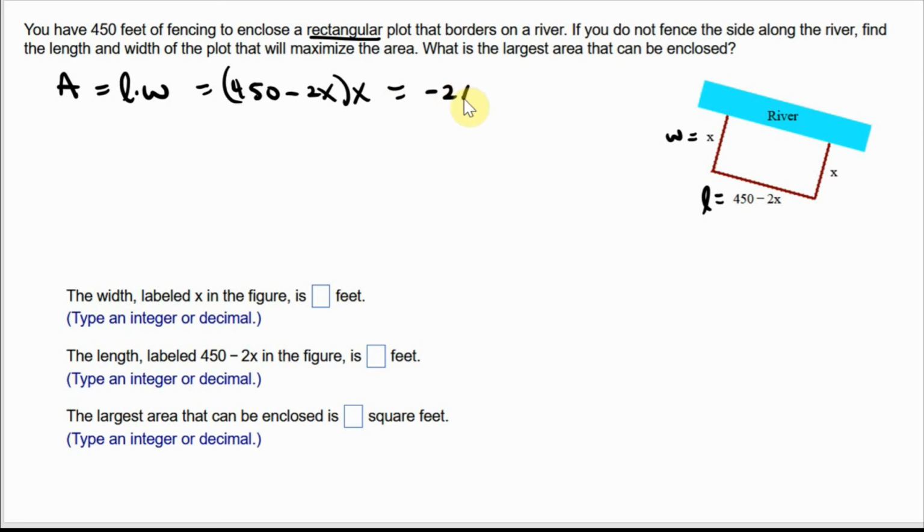This is negative 2x squared plus 450 times x. It's a parabola. So when they talk about maximizing, the reason why they can say maximize is because here a is equal to negative 2. So if that's the case, the graph for the equation would do something like that. So we get some maximum value.